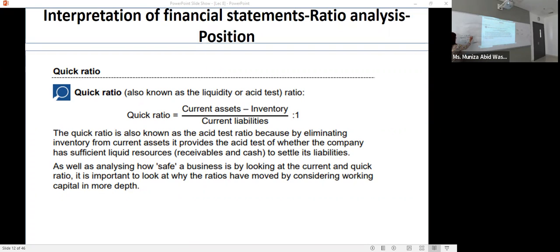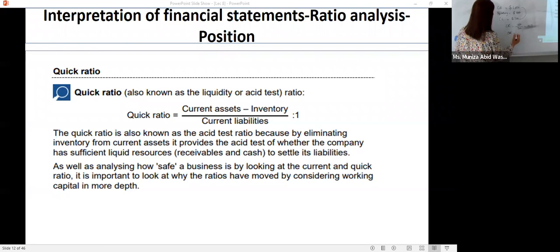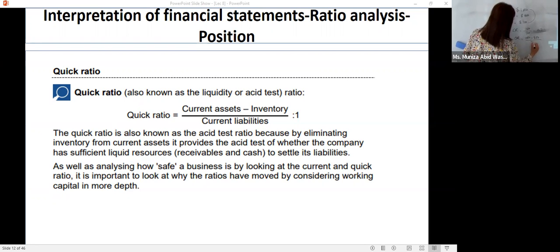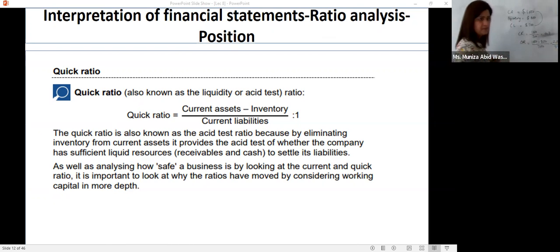Current assets over current liabilities, 1000 divided by 700. It would be 0.7. Is it? And what would be the quick ratio? Quick ratio, current assets minus inventory divided by current liabilities. It will be 200 divided by 700. It will be worse, is it?